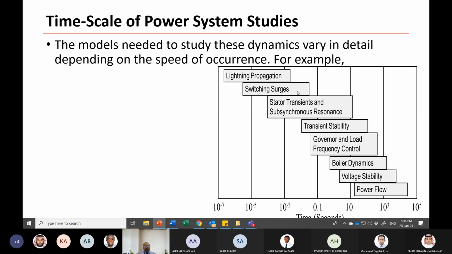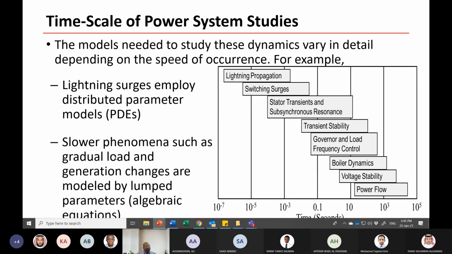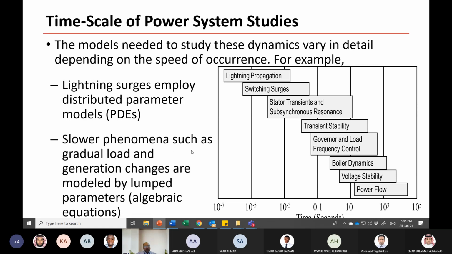For this very fast dynamics, you need to represent the system by partial differential equations, and you have derivatives with respect to time and also with respect to distance. And then for the slower phenomena, such as gradual load and generation changes, these are modeled by lumped parameters.